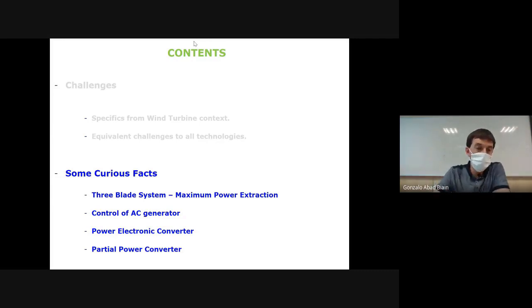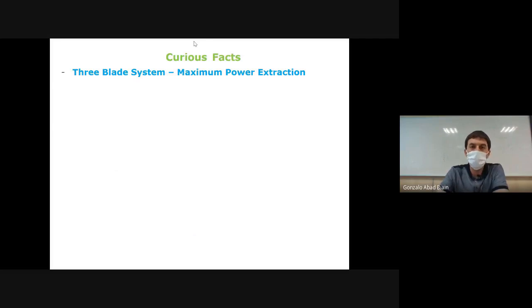Some few curious facts, not very important, but just to emphasize them, maybe you didn't realize. 3-blade system, maximum power extraction.